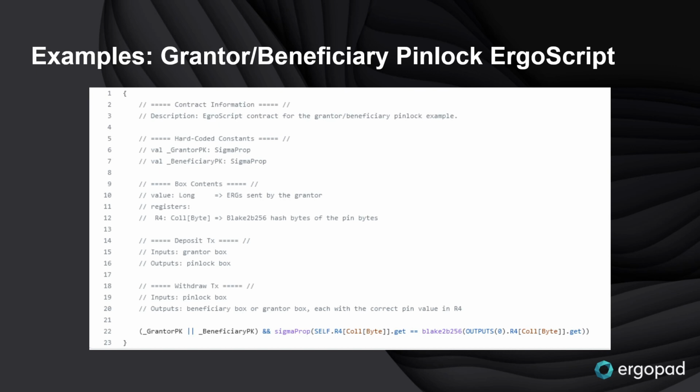So in the R4 register, we stored the hash of the pin, and in the withdrawal transaction, the user public key box, even though the address is the user's public key, the registers can be custom defined, and the contract enforces that R4 of that box must be the hash of the pin. So if the user who creates this transaction creates an output box with the correct pin, then they can spend the Pinlock box.